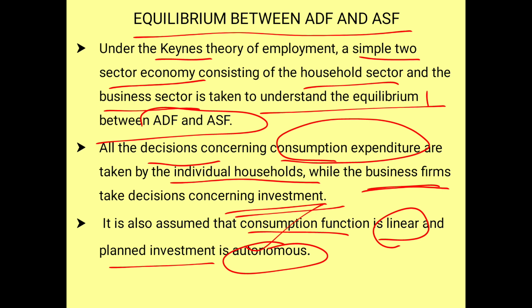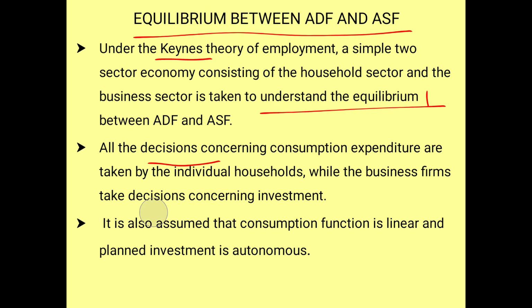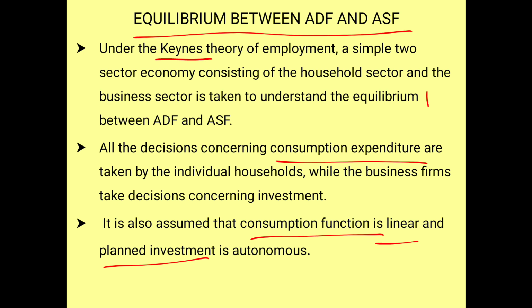If the income is very high, investment also increases automatically. So we have seen the two-sector economy, consumption expenditure, and how the planned investment and consumption function work.